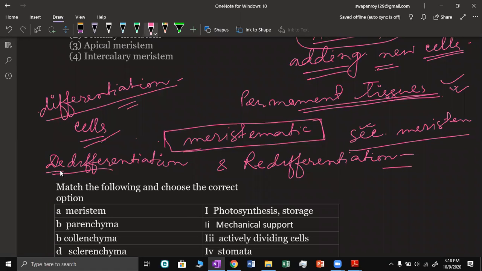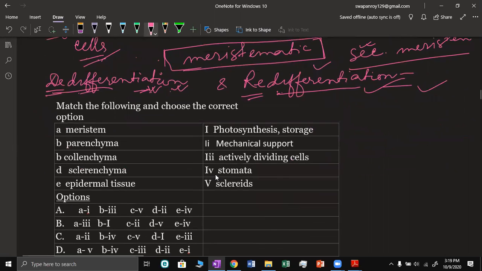That one is de-differentiation, meaning it is moving in the opposite direction, coming back to its initial position. And once the work is done, those meristematic tissue cells go back to permanent tissue, meaning differentiation takes place again. As the differentiation is taking place a second time, this is known as redifferentiation. All right.